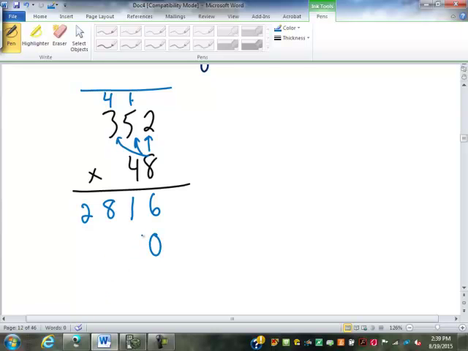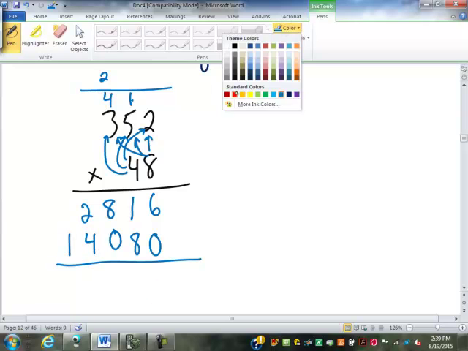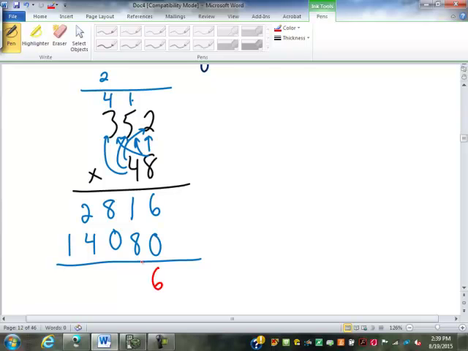Put the 0. 4 times 2 is 8. 4 times 5 is 20. 0, carry 2. 4 times 3 plus 2 is 14, so 4, carry the 1. And then 6, 9, 8, 6, 1.